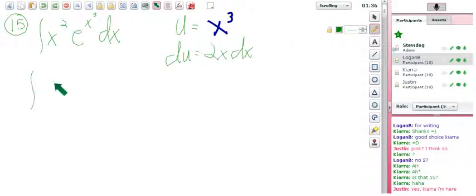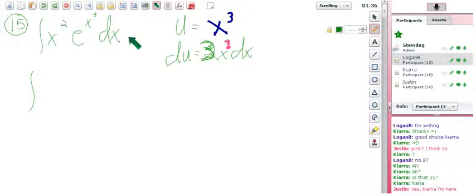So let's see what we can do here. What am I doing? 3x squared dx. That's right. That was the right correction. So we've got e to the u, and then we have almost du.